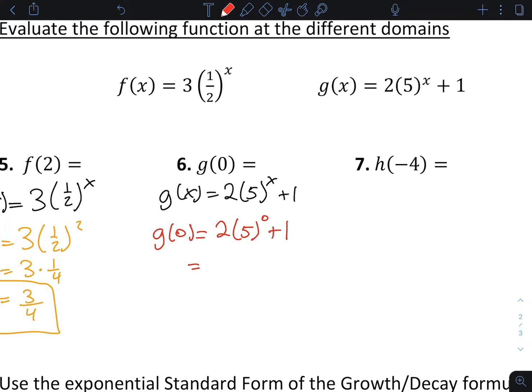This is a nice little throwback to our exponent properties. Anything to the 0 power equals 1. And since we need to do the step of exponents first, 5 to the 0 becomes just 1. 2 times 1 is 2, and then 2 plus 1 is 3.